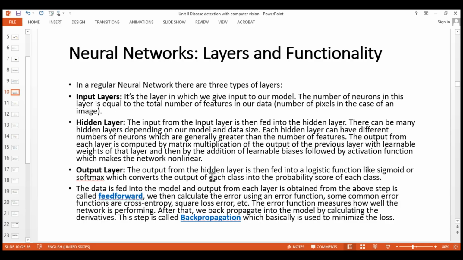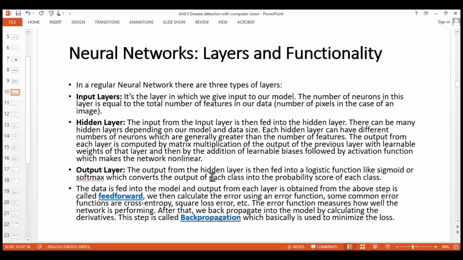A neural network normally has three kinds of layers, namely the input layer, a number of hidden layers, and an output layer. The input layer is the part where we feed the input to the model. That is, it can be an image or data, like a collection of pixels given as inputs. These inputs are given to the hidden layers.